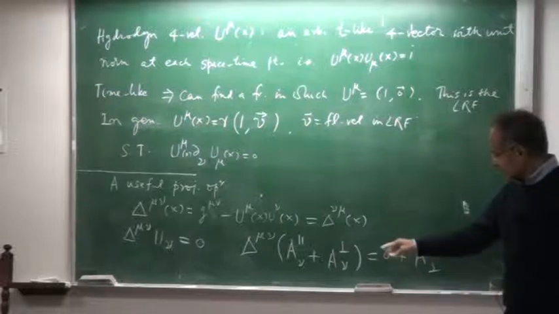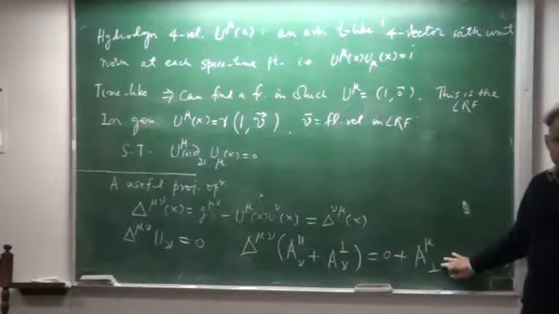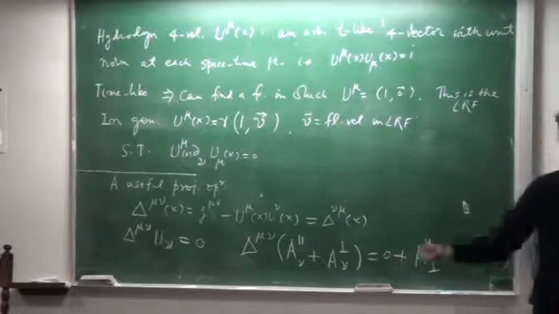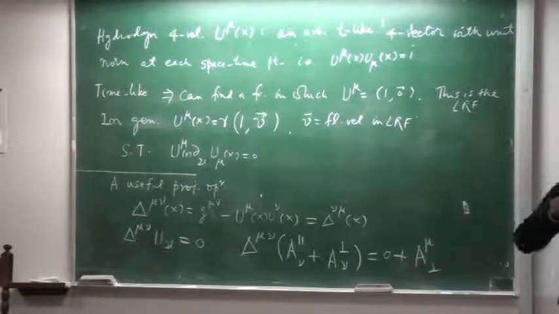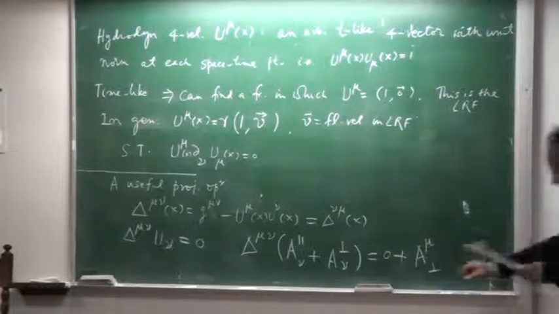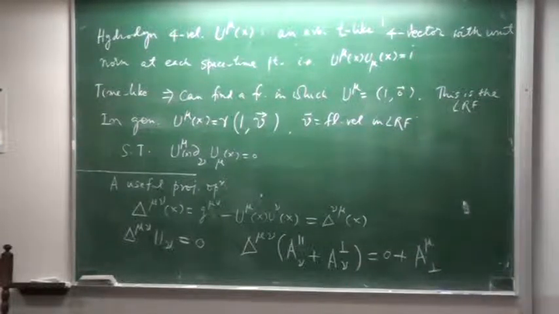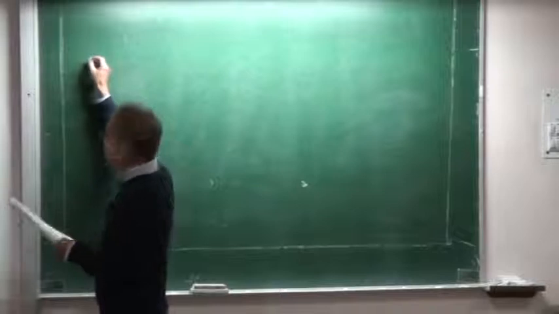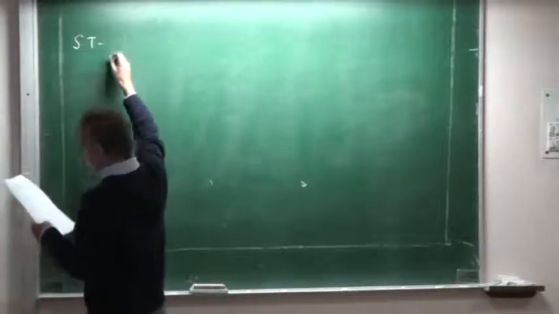So it is projecting out on the three-dimensional space. This is a four-dimensional space, and u mu is the 4 vector. You project onto some space which is orthogonal to u mu, which is the three-dimensional space. These are properties of this projection operator, which you should verify.